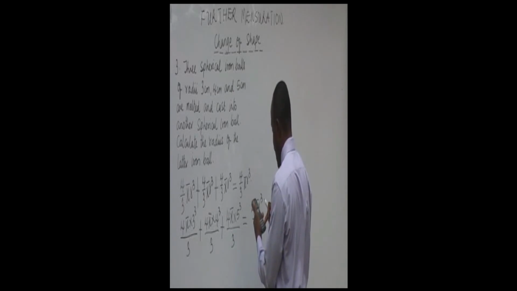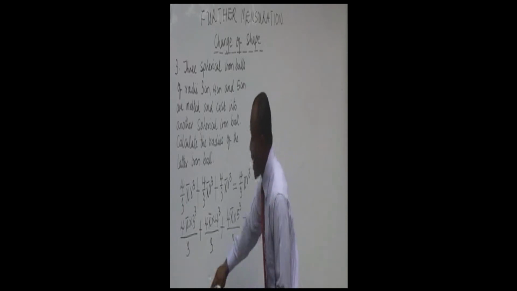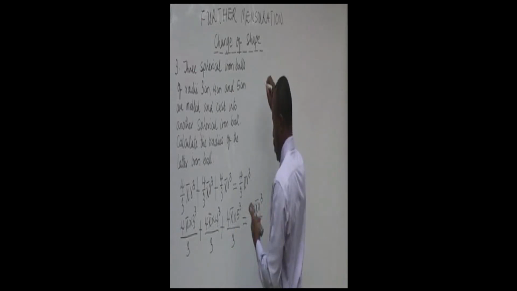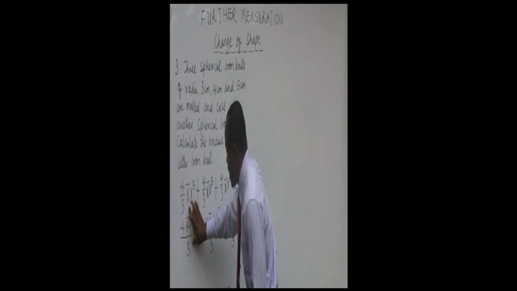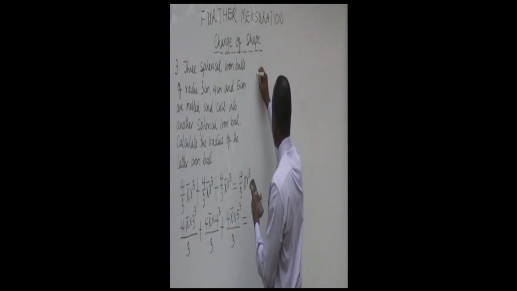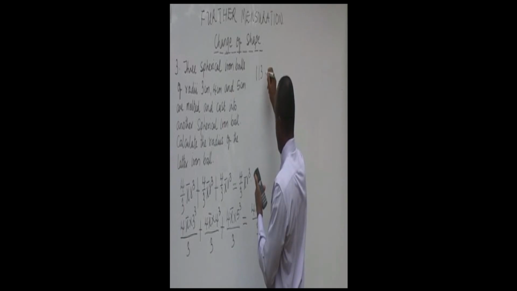So we have times 27, then divided by 3. So the first term is giving us 113.1429 in 4 decimal places.